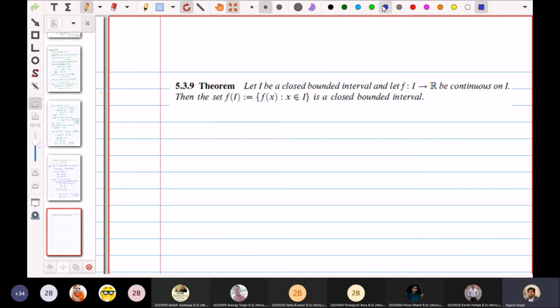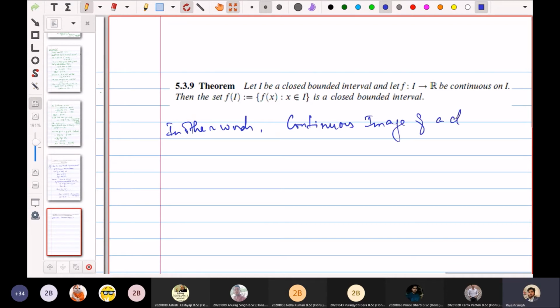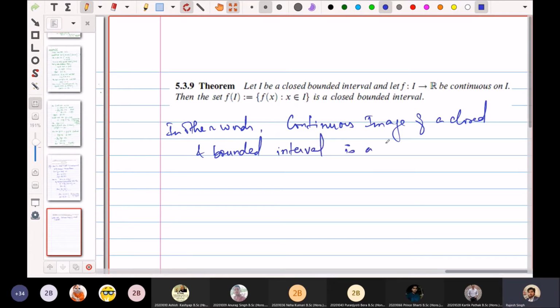In other words, it says that continuous image of a closed and bounded interval is a closed and bounded interval.